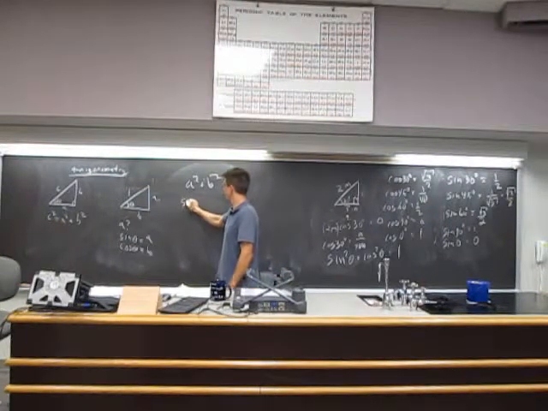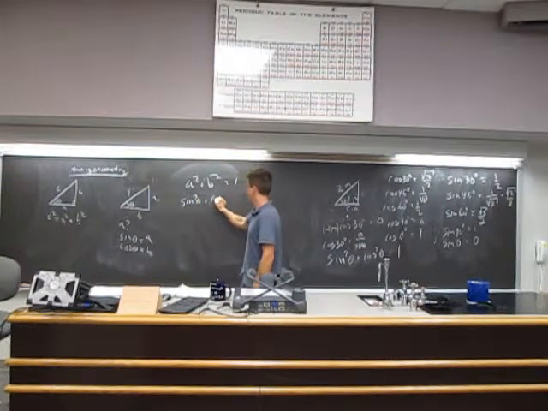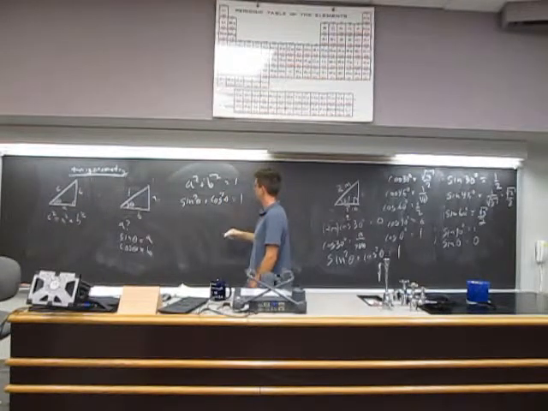So that's sine squared theta plus cosine squared theta is 1.